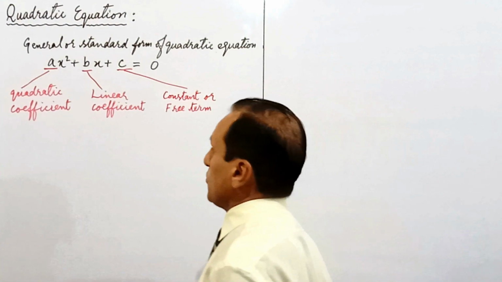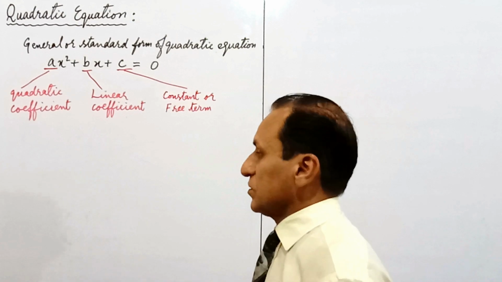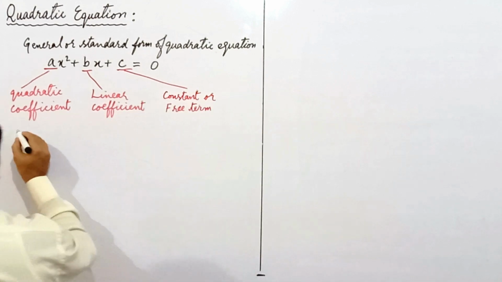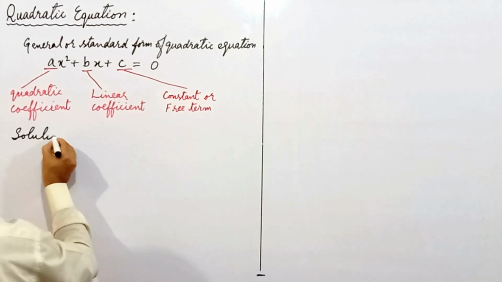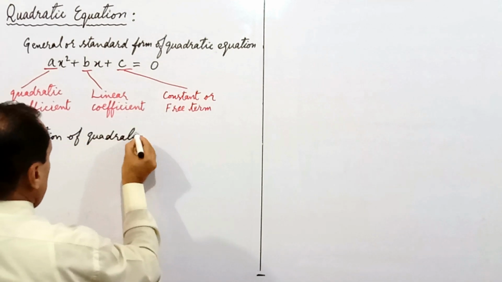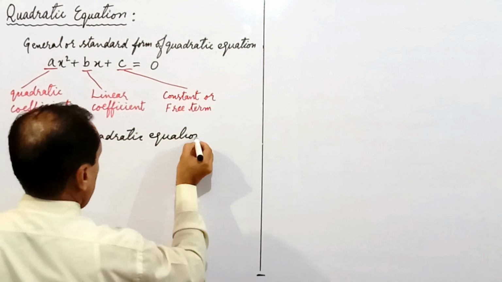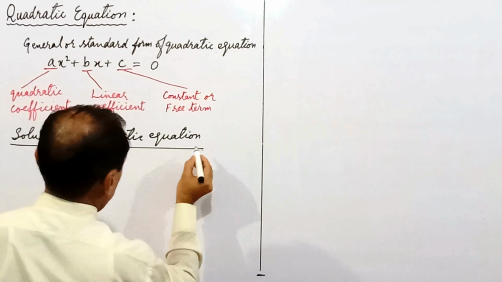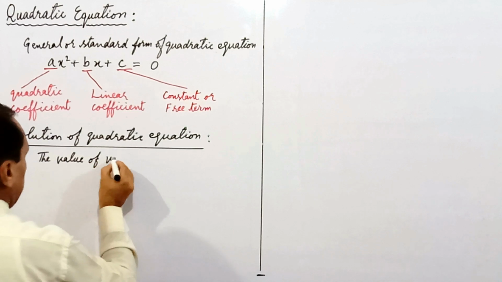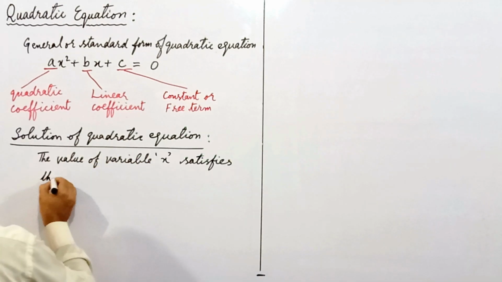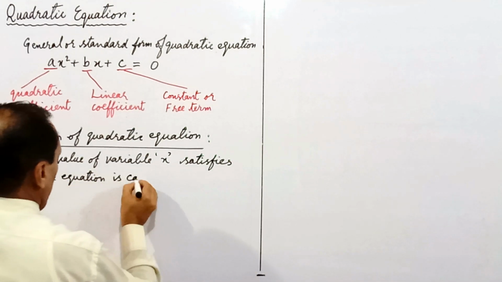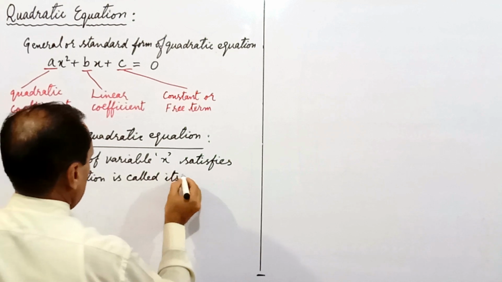Now let's discuss a few more things related to quadratic equation. First of all, we discuss the solution of quadratic equation. The value of the variable that satisfies the equation is called its solution.